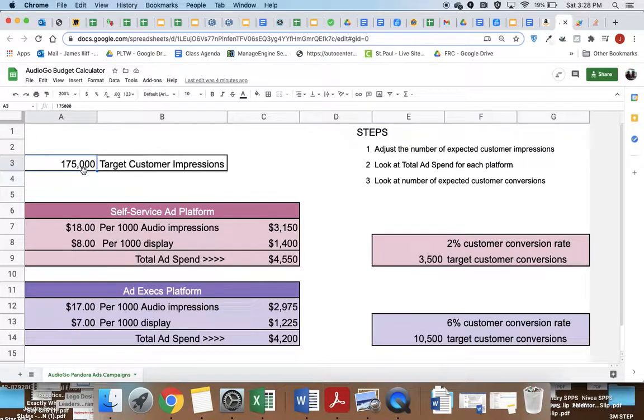You get some say in this. You just have to back it up with some reason on why you're proposing whatever number that you come up with. But that's what you're going to do. You're going to change this number and then see how it affects all of these numbers down here.